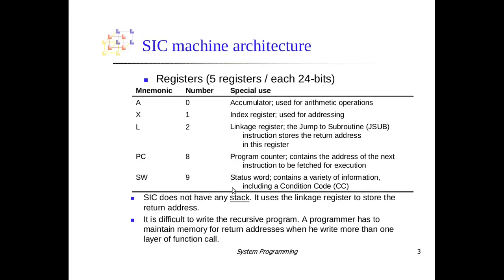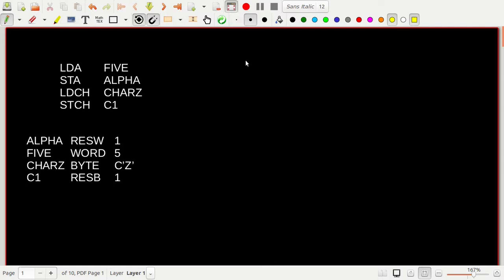Next we can start with how to write an assembly language program for the SIC machine architecture. In any assembly language programming, there are 2 types of statements. One is instructions, and another type of statement is assembler directives.